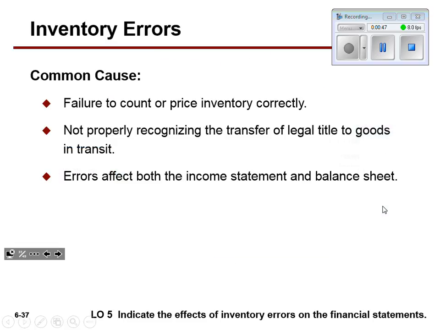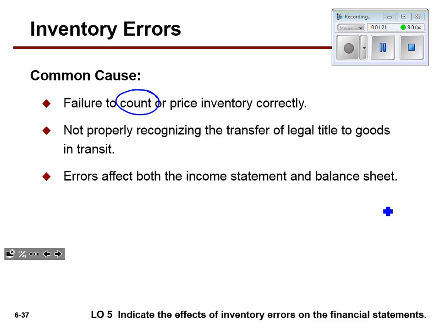So, nice. Inventory errors, just like anything, humans are going to screw up. Even if it's a pretty sophisticated and automated computer system, humans are usually behind the controls. So there's a few different reasons inventory errors occur. Failure to count or price things correctly. Someone is probably counting that end of inventory stuff, and then what happens when they're counting and someone wants to buy the stuff that they're counting?